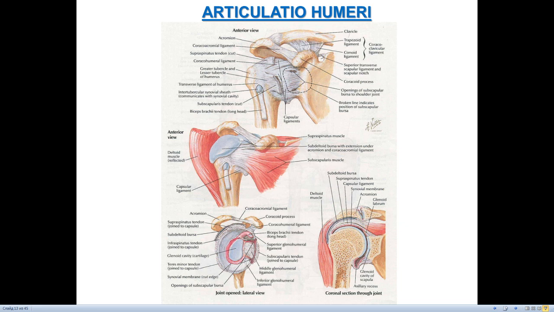On the superior surface of the joint rests the acromial fornix, which is formed by the acromion and coracoacromial ligament.